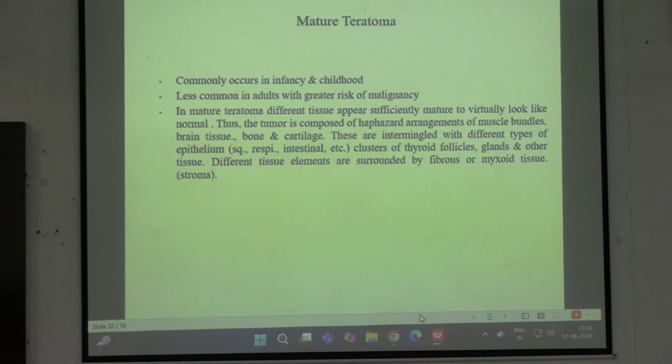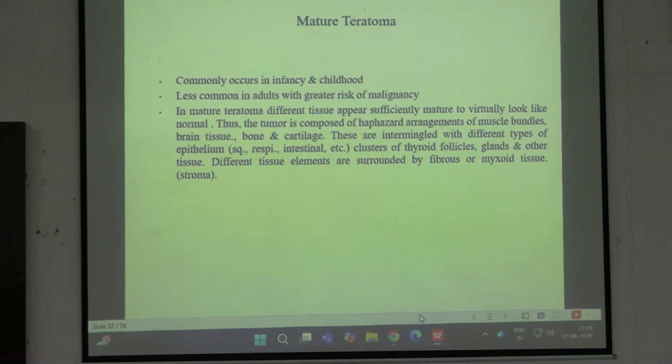Mature teratoma commonly occurs in infancy and childhood, less common in adults with greater risk of malignancy. Mature teratoma meaning you are going to be able to identify the tissue types. They are all going to be mature.